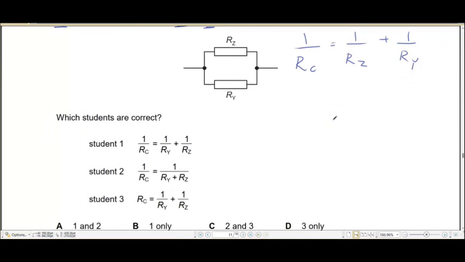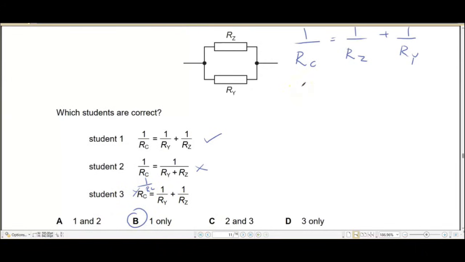Let's see which one matches ours. 1/RC, 1/RY, 1/RZ. This is correct. This is not correct. And this is also not correct. This has to be 1/RC. So only 1 is correct, which coincides with what we've written.